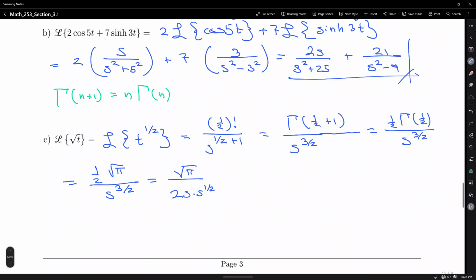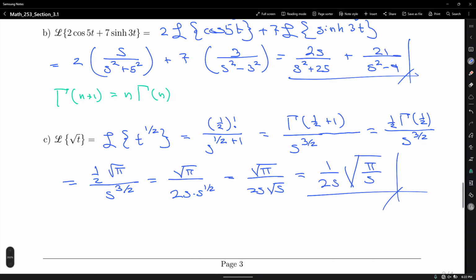Also, this is the square root of pi over 2s square root of s, which is 1 over 2s times the square root of pi over s in one single radical. However, this is good enough anyway. But if you want to go a bit further, that's fine. Maybe let me bring down this 2 in the denominator here to make it look nicer, much better.